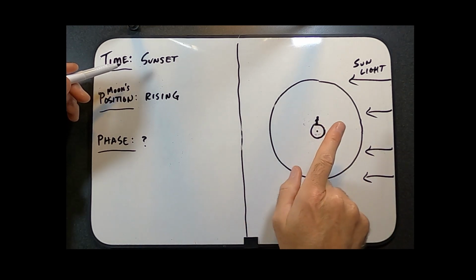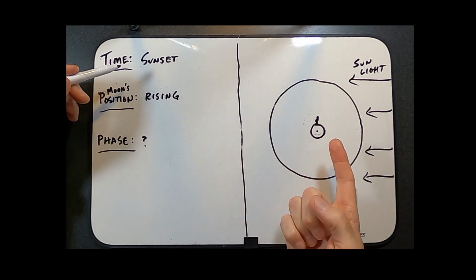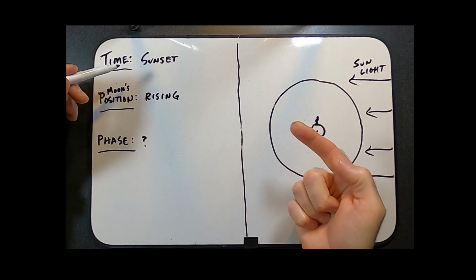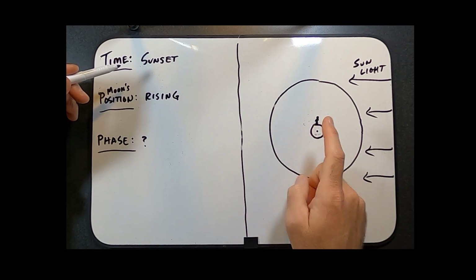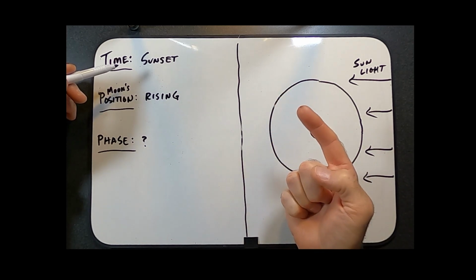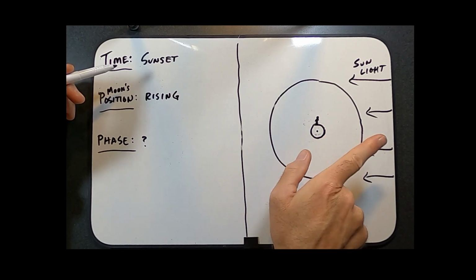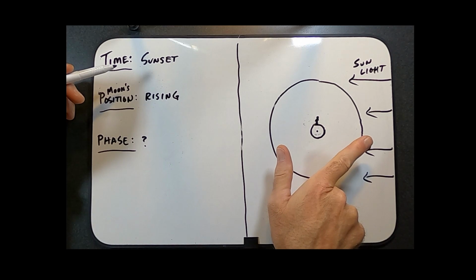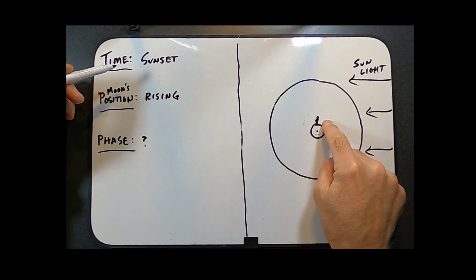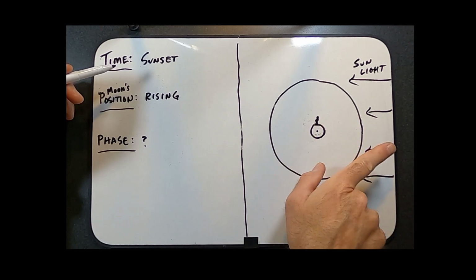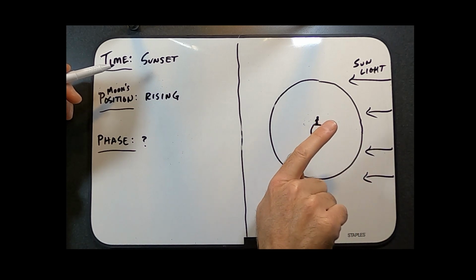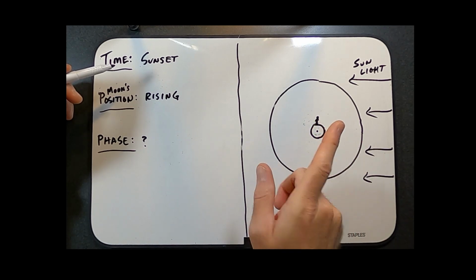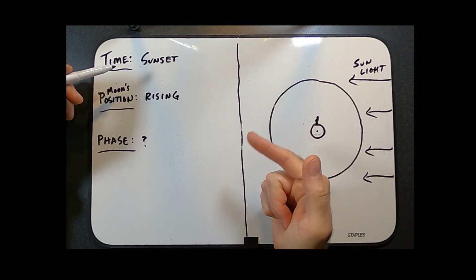So the sun would be over here, and if the Earth is turning this way, then you right here are turning away from the sun. So remember, the sun's over here, and if you're turning this way, you're turning away from the sun. So from this person's perspective, the sun is going to look like it's getting lower in the sky because they're turning away from the sun.